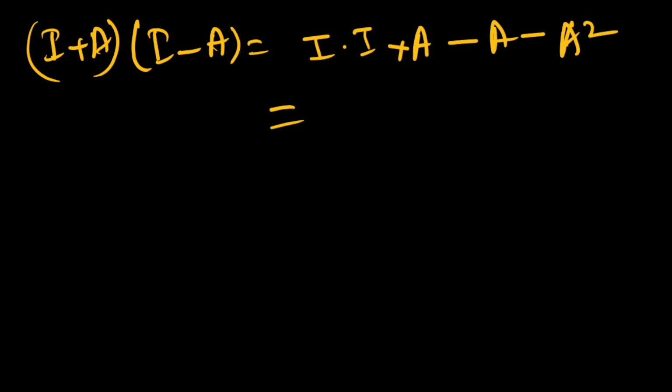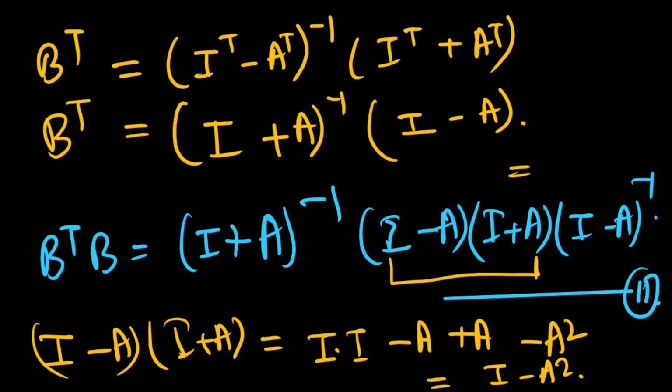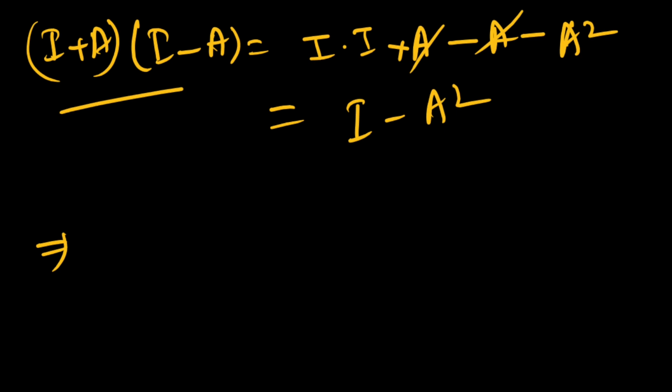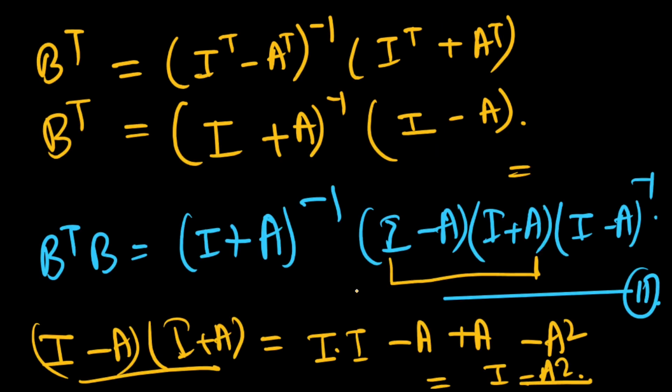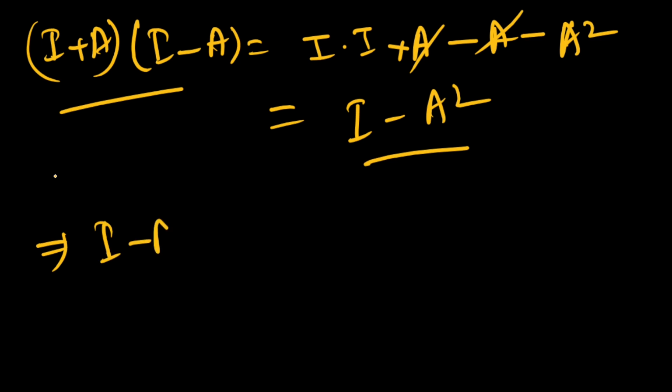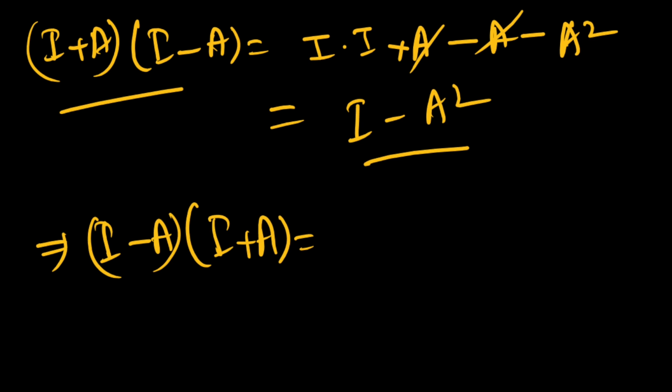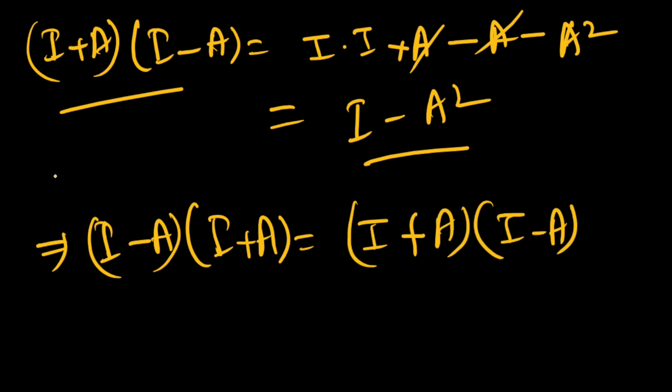These terms cancel, so that is I minus A square. Therefore these two matrices are the same because the resultant matrices are the same. Therefore (I minus A) times (I plus A) is equal to (I plus A) times (I minus A). Therefore these two matrices commute.